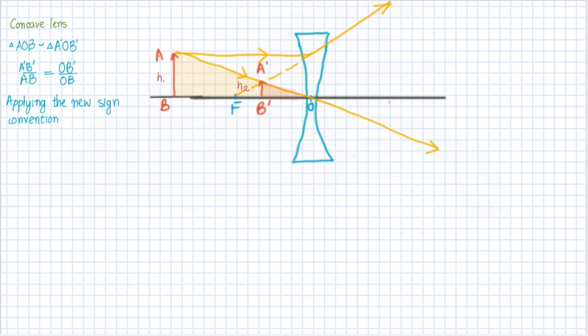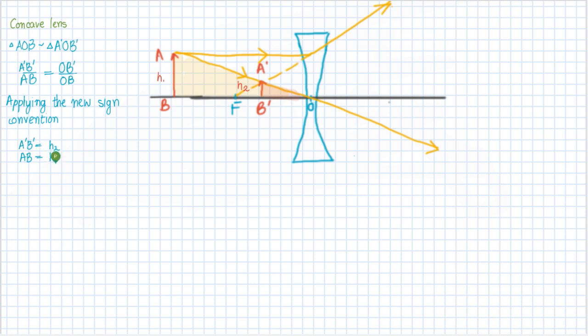So according to your sign convention, the image height A dash B dash equals H2, and H2 will be positive since it is measured in the upward direction and it is perpendicular to the principal axis. Similarly, your object height AB is also measured in upward direction and perpendicular to the principal axis, so this one will also be positive. So I can write AB equals H1.